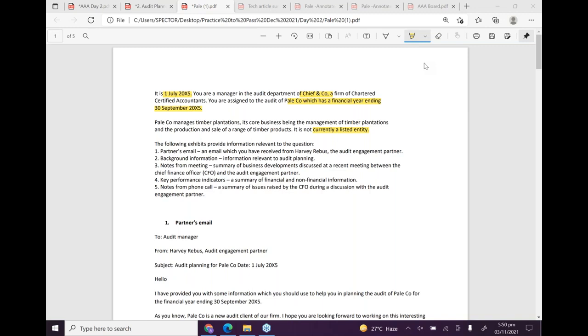Please be careful the first time for part A, you're not accountants, you're the management. You're not auditors.